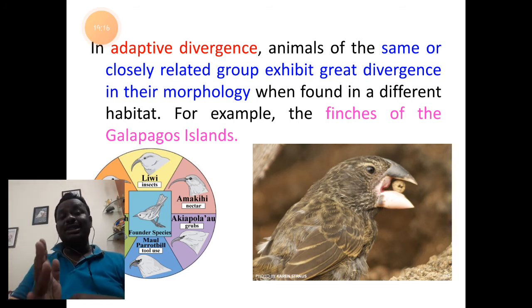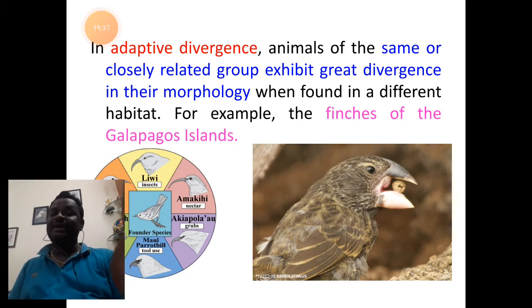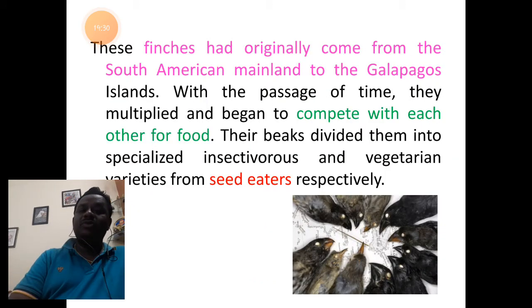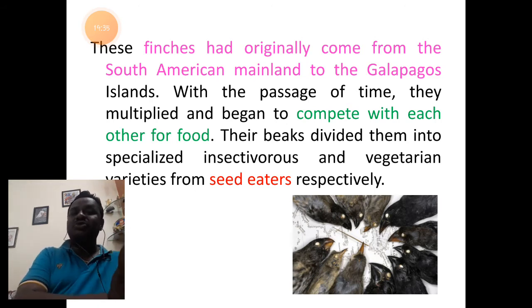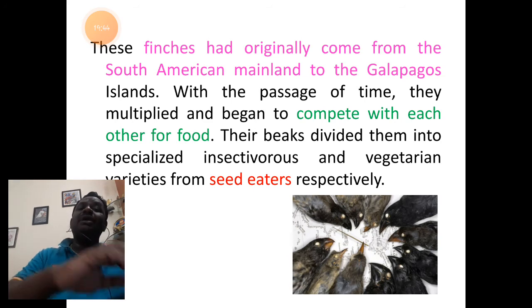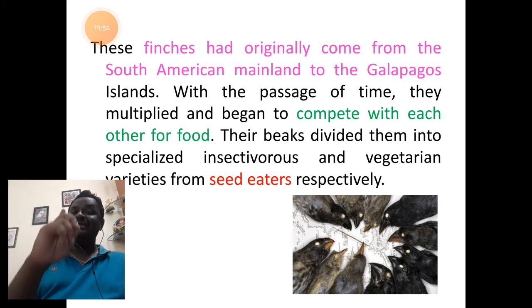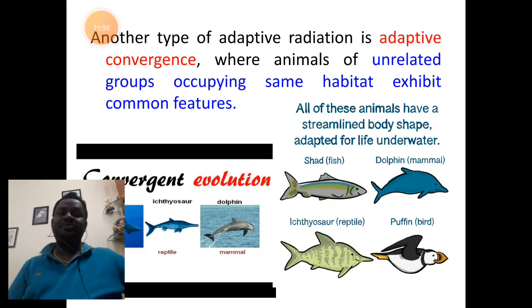So morphological and genetic changes were brought in the organisms due to different environments. The seed eaters, which were commonly restricted to the mainland of South America, moved into the nearby islands of Galapagos, encountered different feeding habitats, and started modifying their beaks, but they developed from a common ancestor of seed eaters.